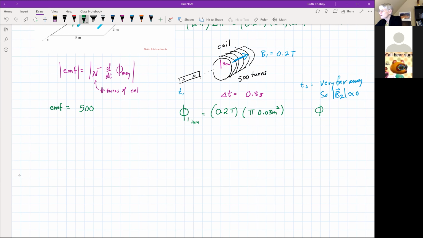And at time T2, the flux through one turn is 0.